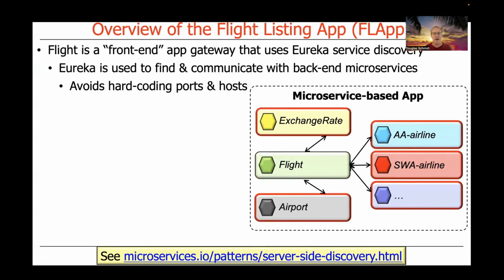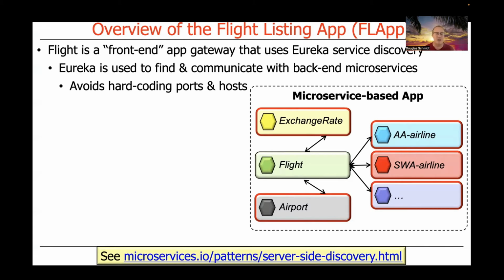Eureka is a very common service discovery mechanism that is used to find and communicate with back-end microservices. It's used by a so-called app gateway, in this case, the flight component. And the flight component uses Eureka to find and communicate with back-end microservices without having to hard code ports or hosts, or host names, maybe a better way to put it.